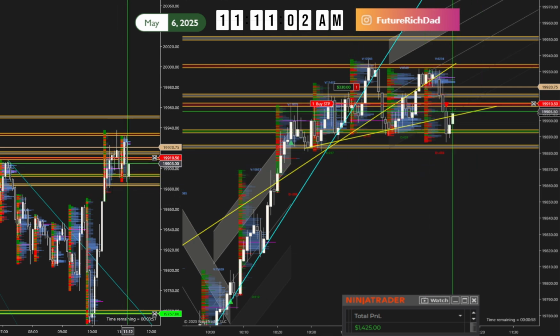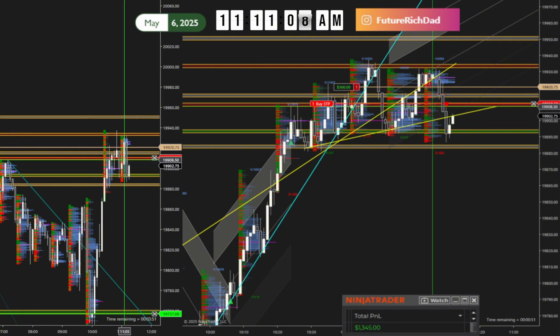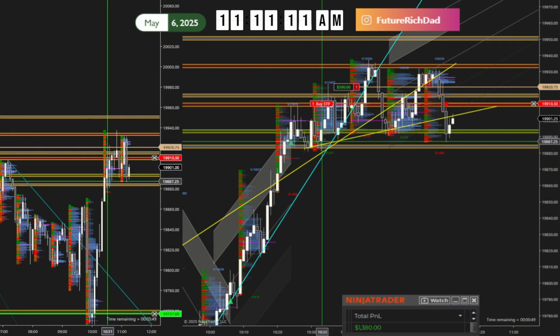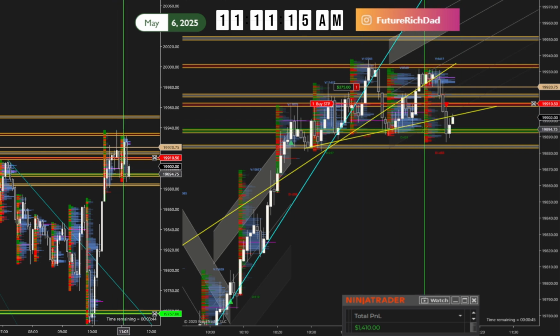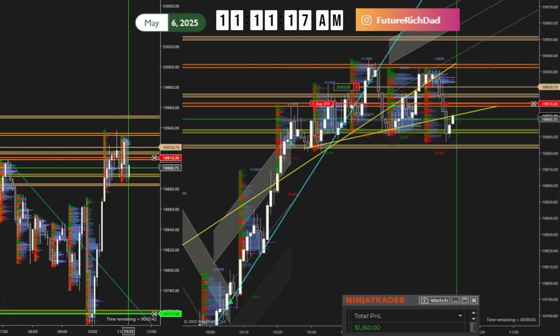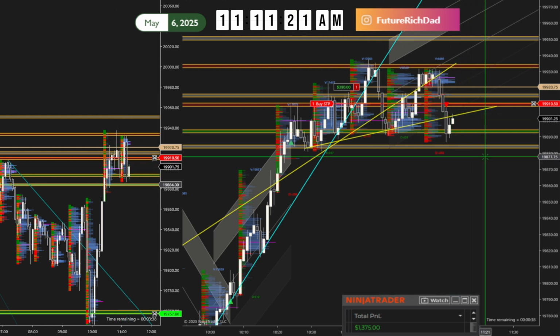So we do reject here, so we're going to get a retracement. Hopefully we don't get stopped out, because we will get stopped out above here. But there is this behavioral projected trend line, which will probably have some reactionary area in this volume cluster. So we'll see if we move towards the downside here.